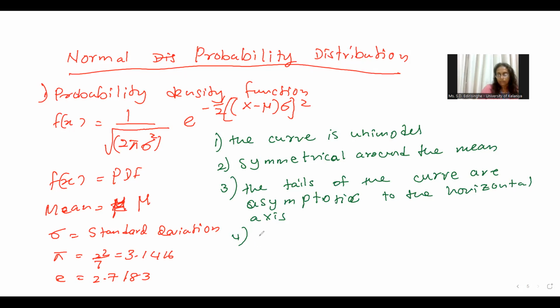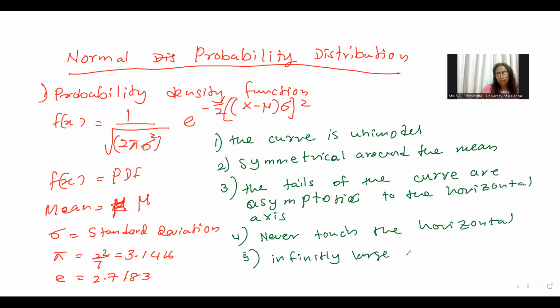They never touch the horizontal. So in theory, X can assume infinitely large positive values or infinitely large negative values. Please write down.